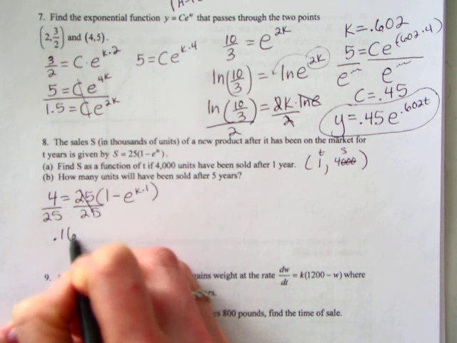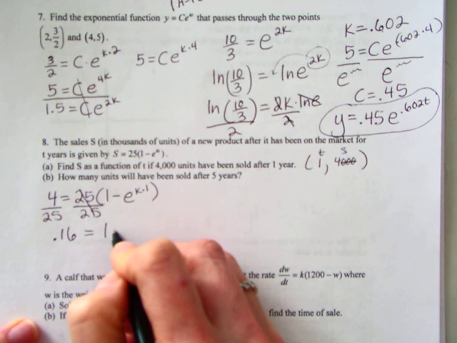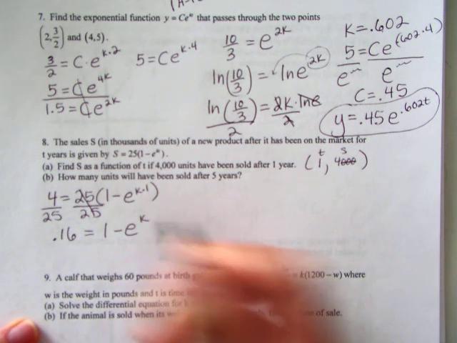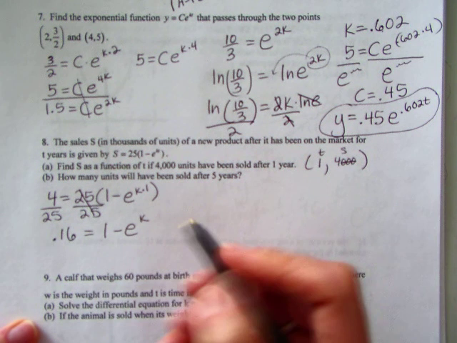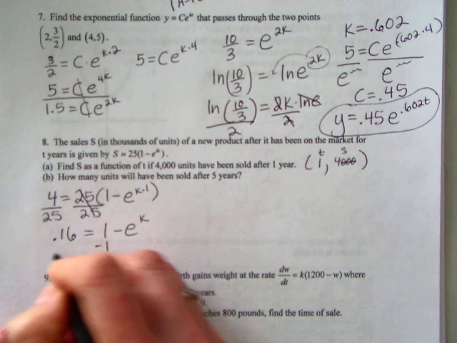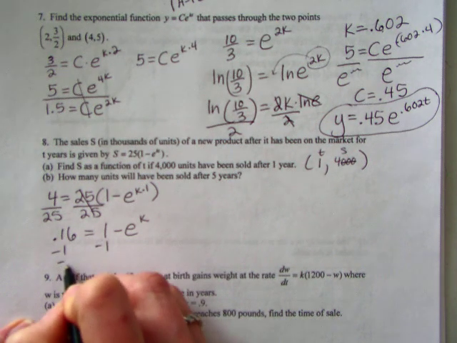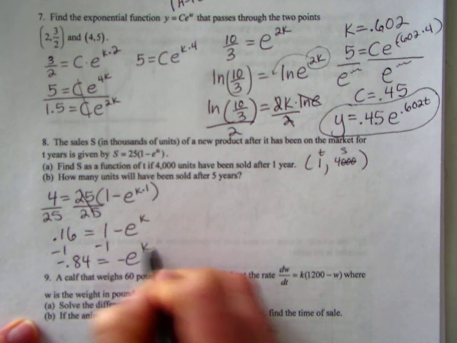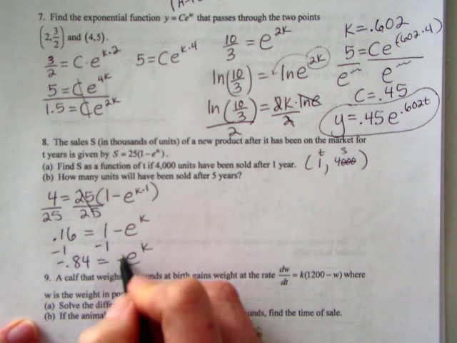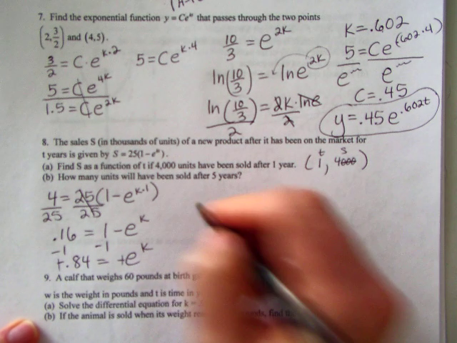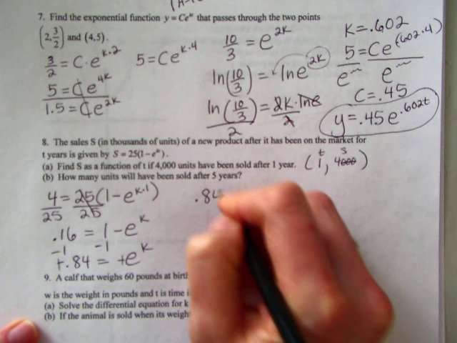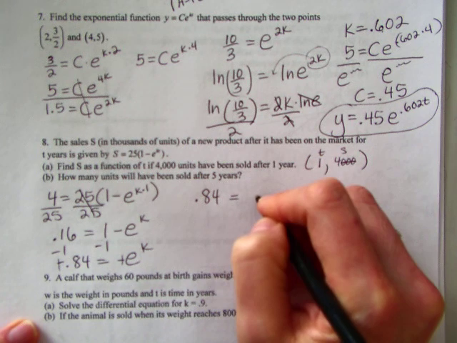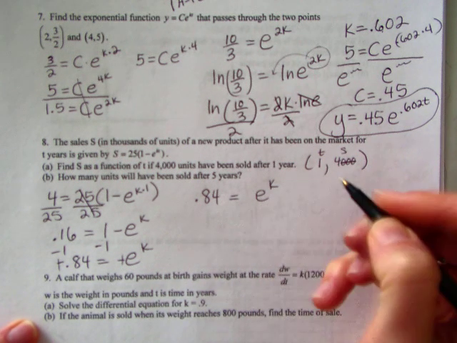And 0.16 equals 1 minus e to the k. Subtract 1 from both sides. You get negative 0.84 equals negative e to the k. We'll go ahead and take the opposite of both sides. So we'd have 0.84 equals e to the k.